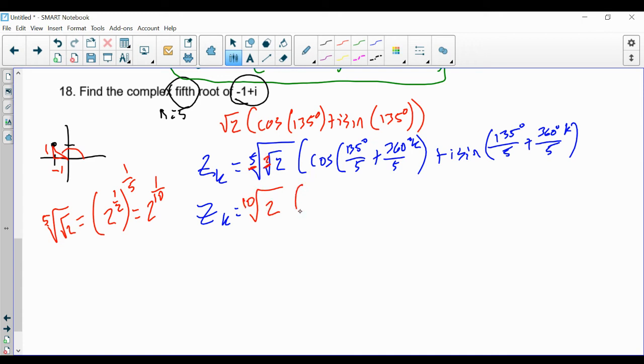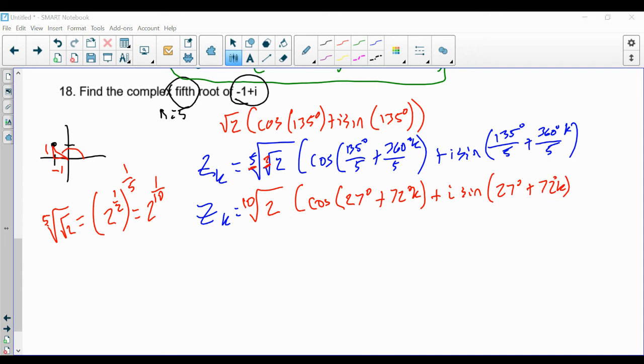All right, so now let's do this. 135 divided by 5 is what, 27? If I can do my math right, hopefully. And then what, 72? Okay. When I do 360 divided by 5 plus i sine of the same thing.